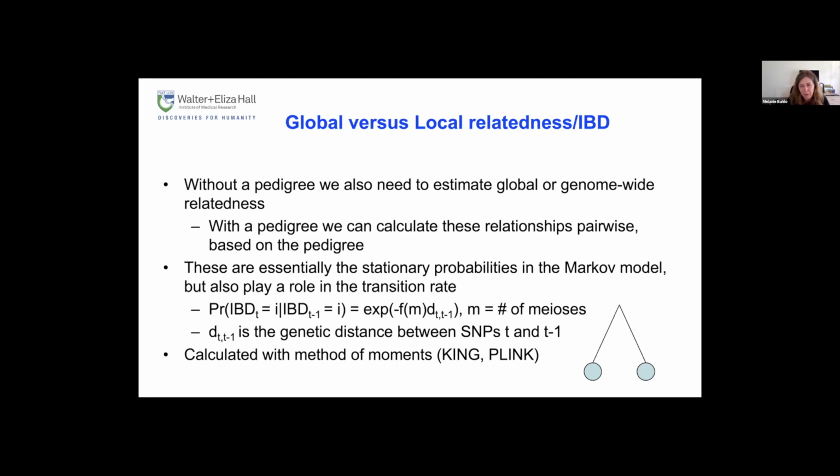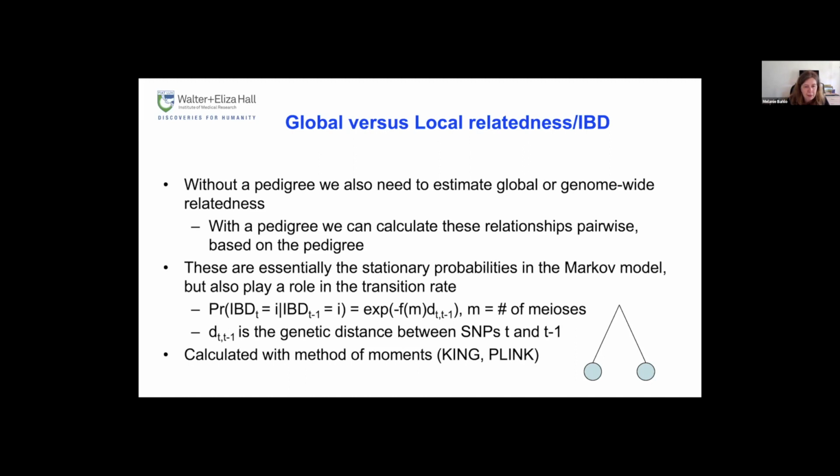Roughly how far apart are these two individuals? And the reason we need to know that a priori is because when we develop our model where we actually want to identify the actual fragments that are identical by descent, the time inhomogeneous transition probability model is dependent on the number of meioses between the two individuals.